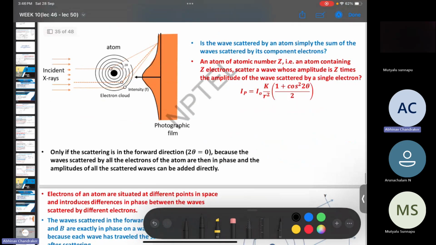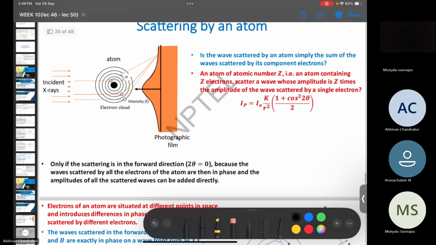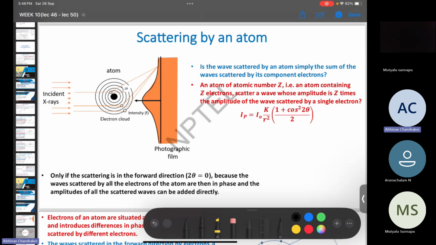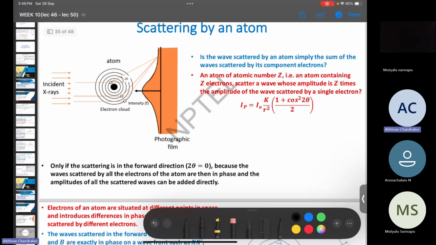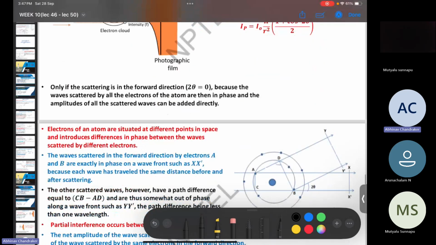Now, if we consider the scattering that occurs because of an atom and not just because of a single electron, then each electron will be contributing to the scattering, and the contributions of each of these electrons can be added up so that you can get the overall scattering by an atom. Now, how can we do that?